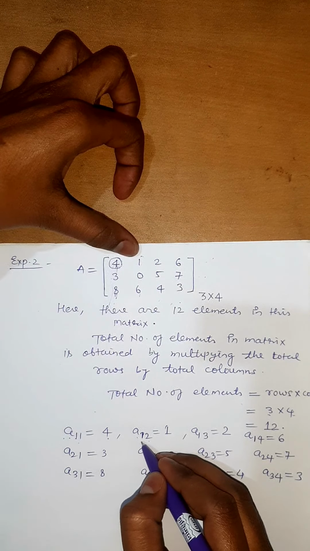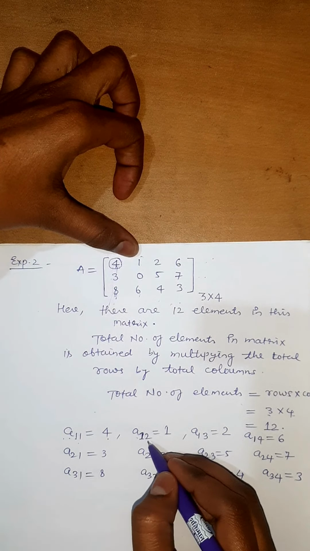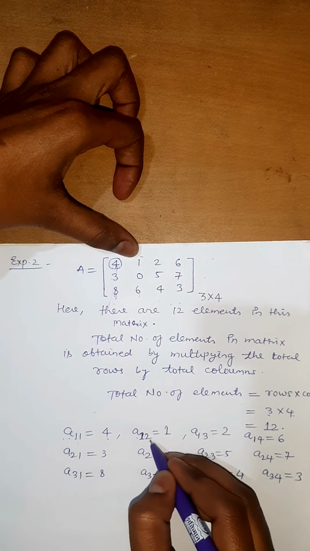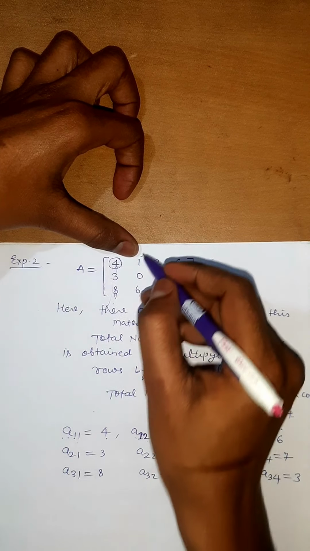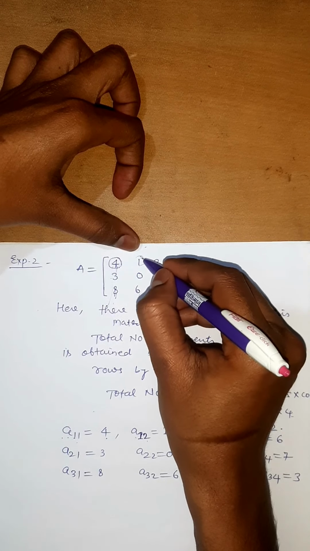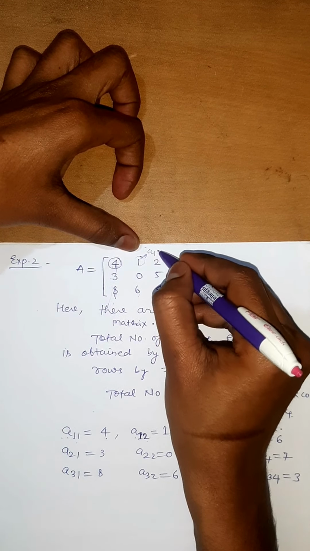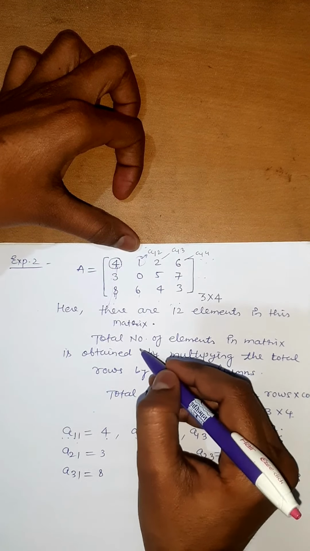A12 means the second element of row 1 and second column. This is the element of first row and second column. So now we can represent it by A12. This is A13. This is A14.